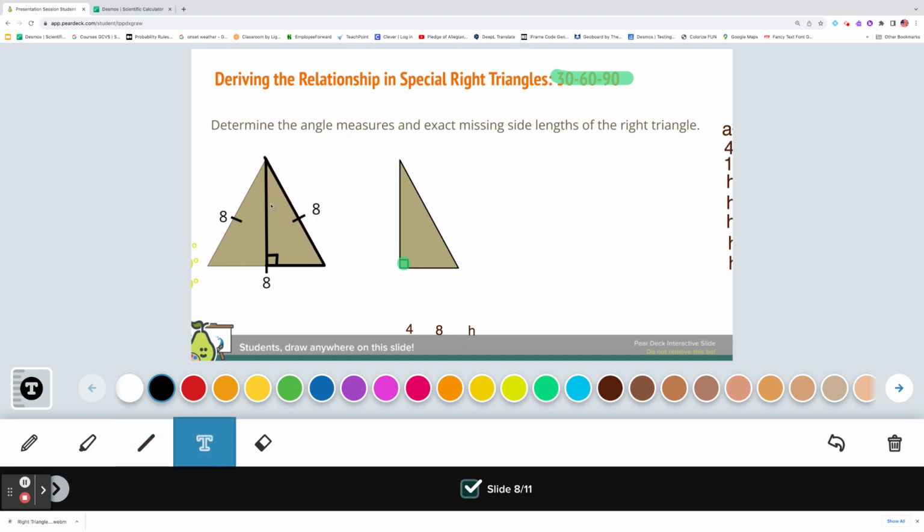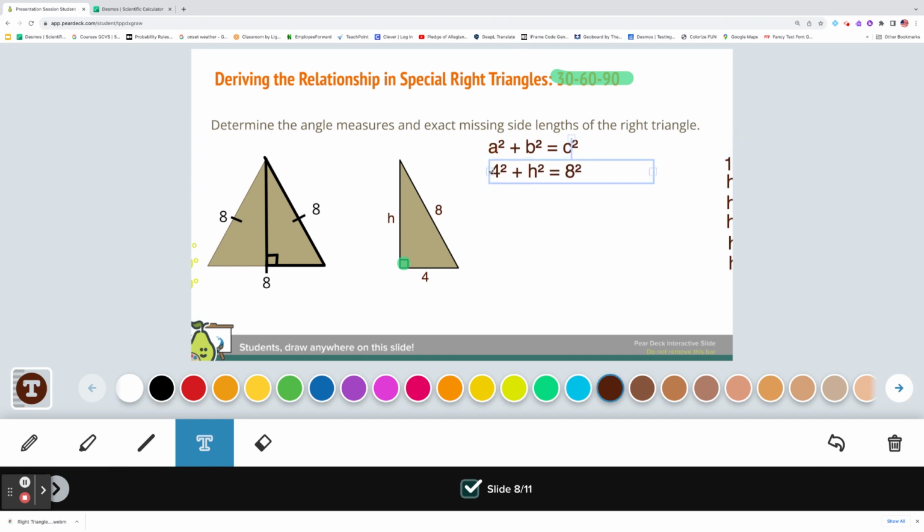So to find the height, we can use, once again, the Pythagorean theorem, where a squared plus b squared is equal to c squared. And we can substitute in a is 4, b is h, and c is 8.